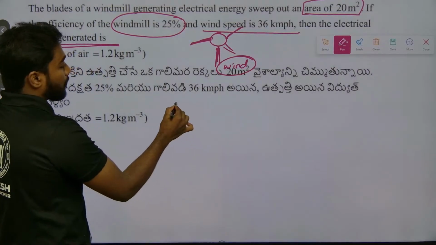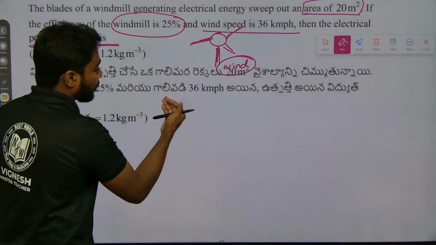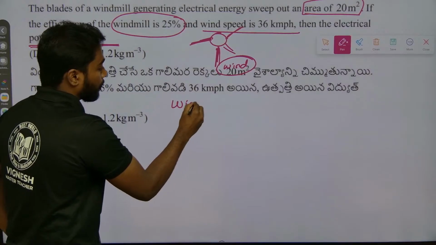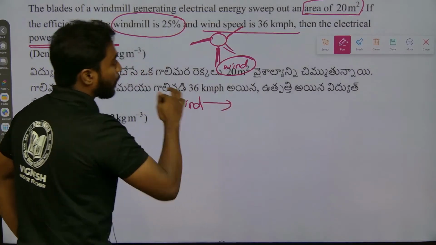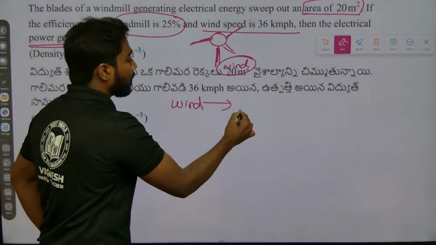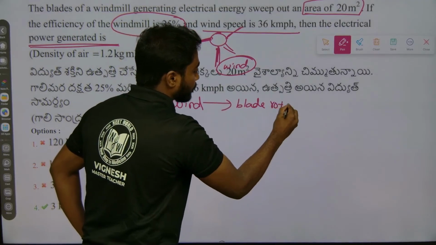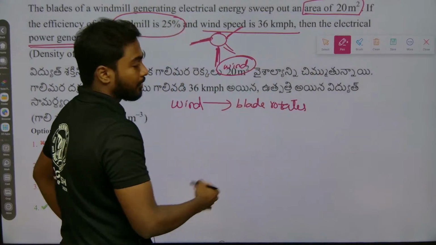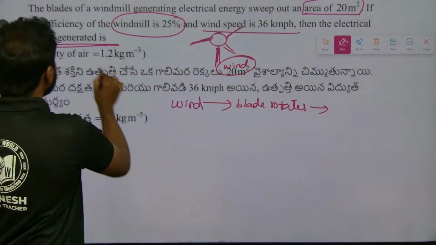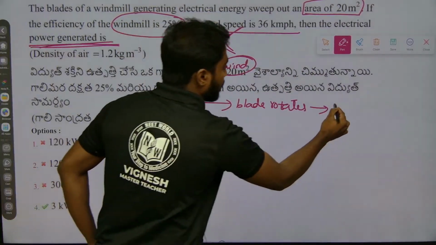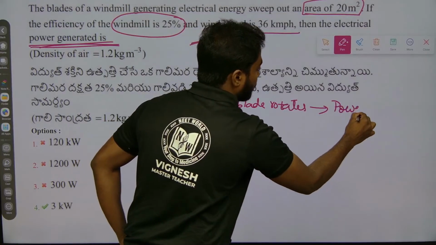So first the wind is there, then after the wind blows, the blade rotates, and then the power is generated.